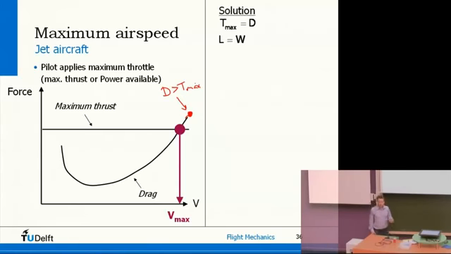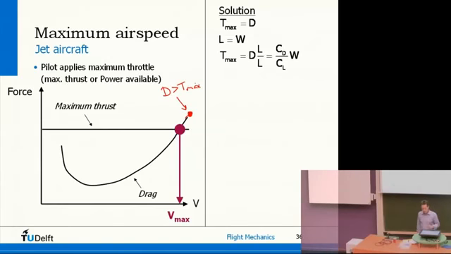So maximum thrust must now be equal to the drag. By the way, you can arrive at the final answer in many different ways, but this is just a trick to do it a bit faster.